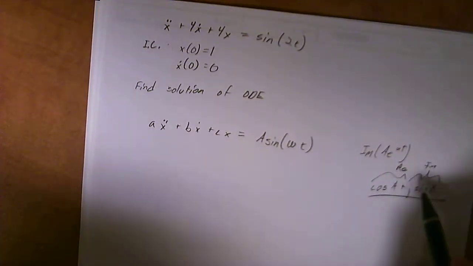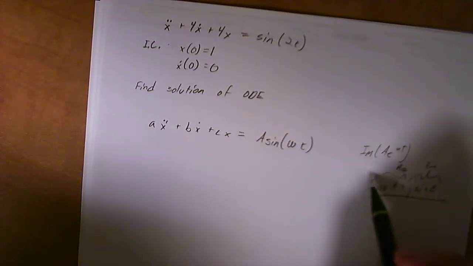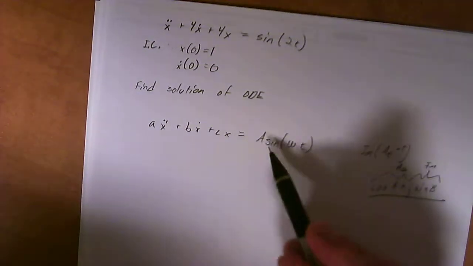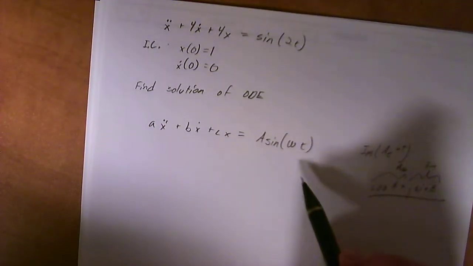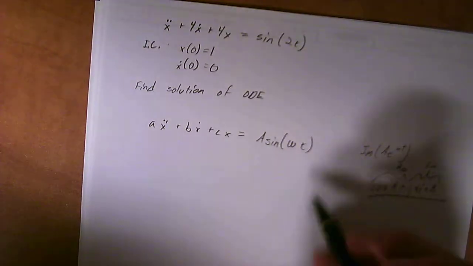If you haven't been introduced to that before, this is something we'll use in this problem. Just something to think about when you see, oh, I have this equal to sine, I'm dealing with an imaginary part of some function.